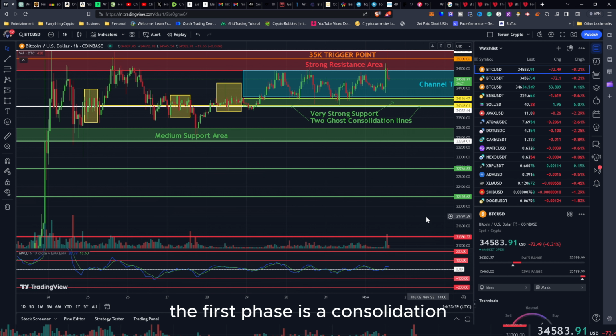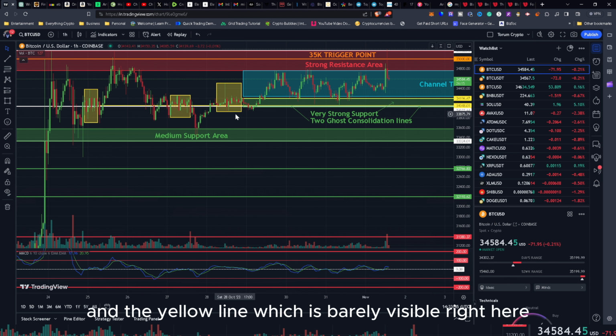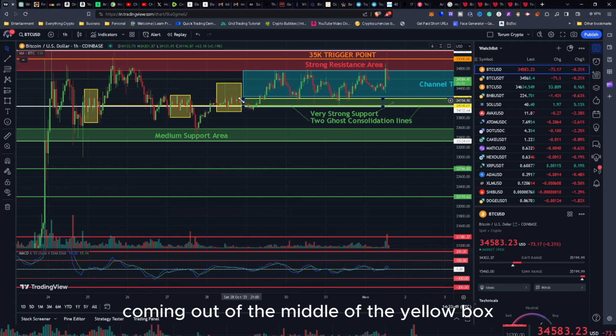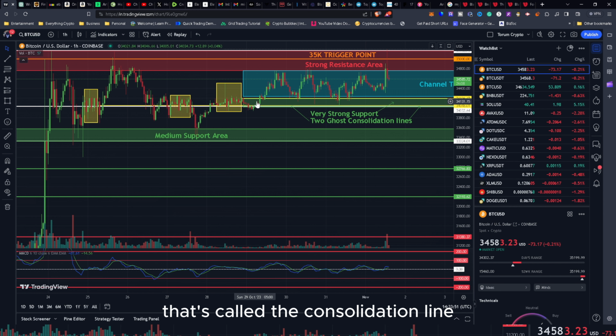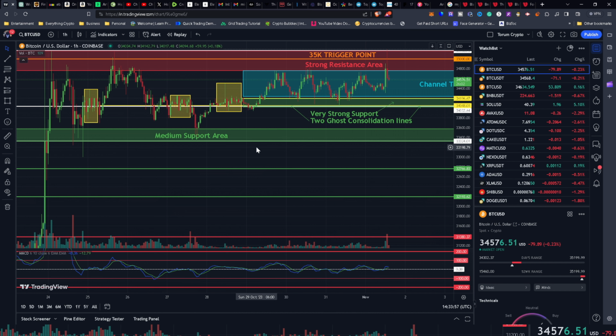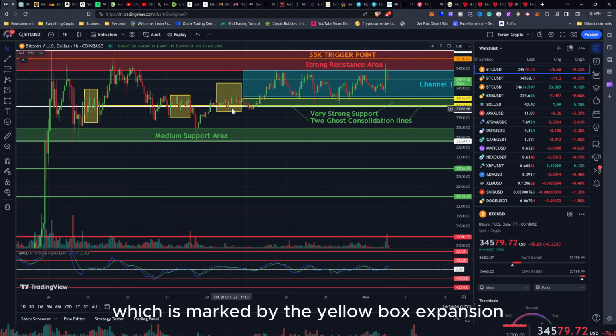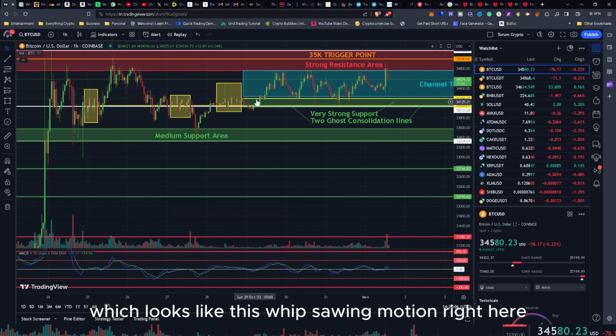The first phase is a consolidation, which is marked by the yellow boxes and the yellow line, which is barely visible right here, coming out of the middle of the yellow box. That's called a consolidation line. The box is called a consolidation box. The three phases are consolidation, which is marked by the yellow box, expansion, which looks like this whipsawing motion right here.